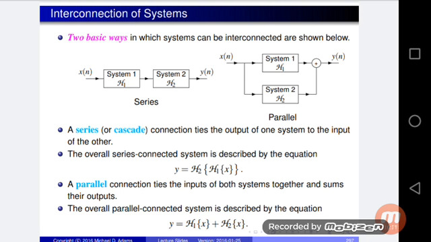That's why we are using parallel and serial data communication systems. Why are we using these types of systems? By using parallel and series, it is more convenient to convert the signals from one form to another form.